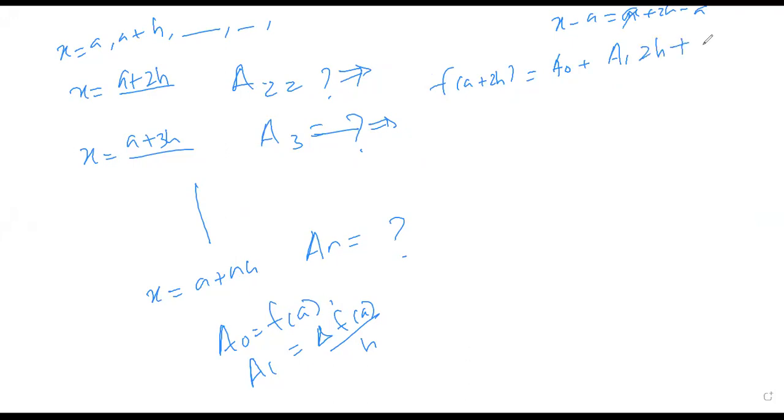Similarly, this one a2 times x minus a, again 2h, again x minus, okay, a plus 2h is there, minus a minus h, no? So a cancels out, again one more h there, isn't it? Am I correct?